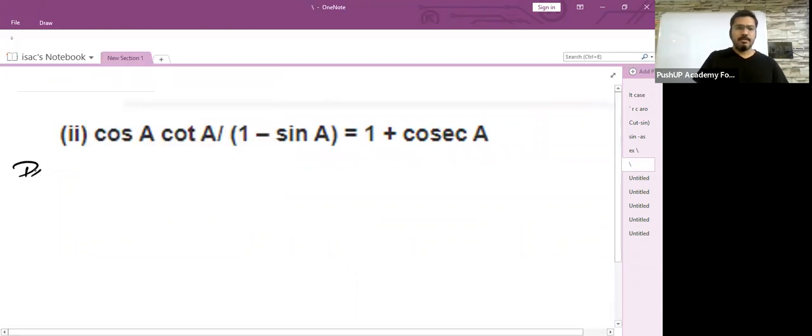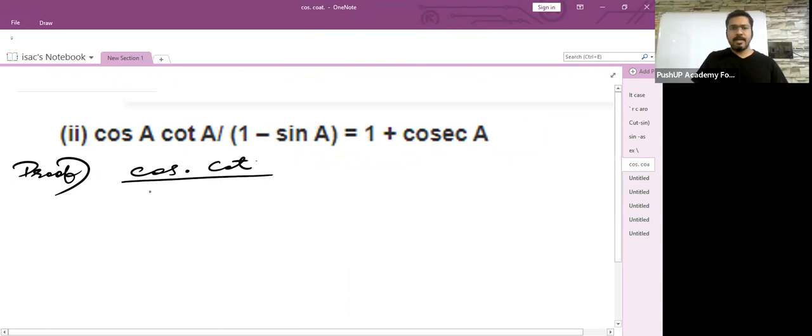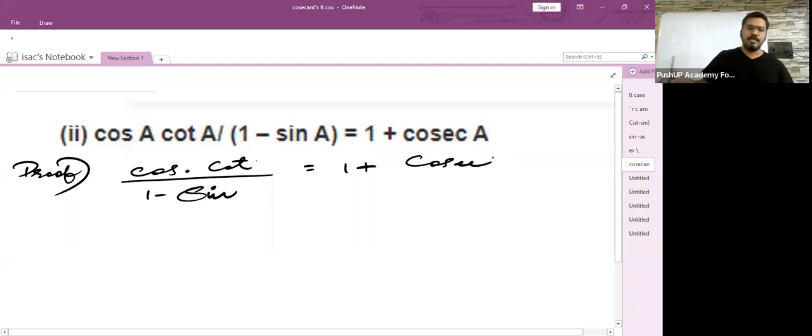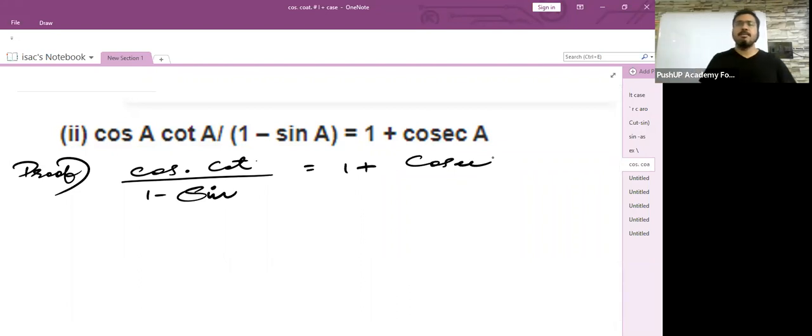Next question. You have to prove cos into cot divided by 1 minus sine is equal to 1 plus cosec. This is the question. What is the quotient relation for cot?